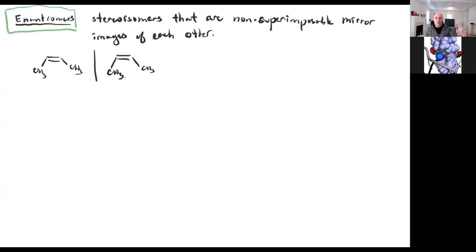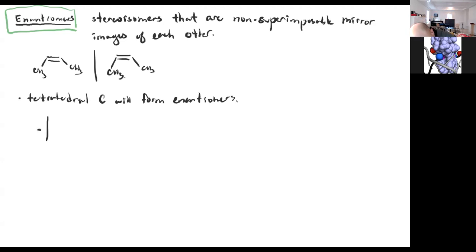But where it gets different and why this is so important is that because carbon can bear 4 ligands, you can generate enantiomers very quickly with a single carbon center. And so let me give you an example. Tetrahedral carbon will form enantiomers. And let's just do an example here.